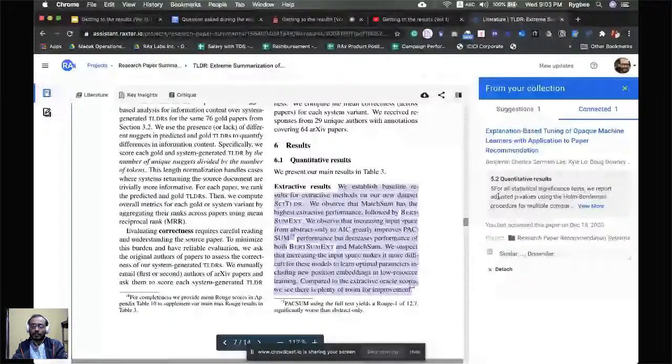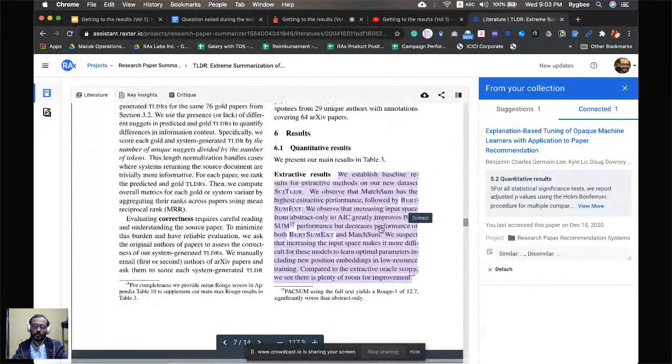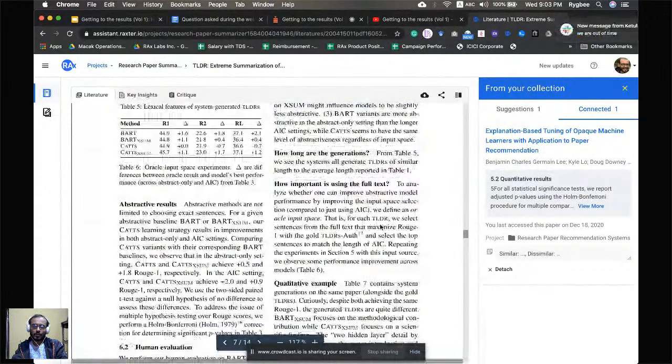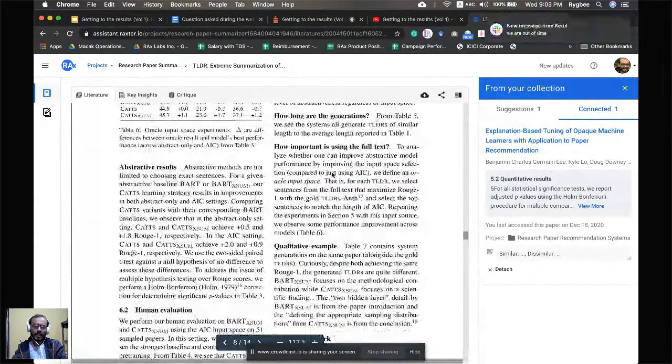So in some sense, I don't even have to remember which paper is related with which paper, how they are related, and which sections are related with this section. Rax remembers that for me. Okay, all right, so that would be the thing.